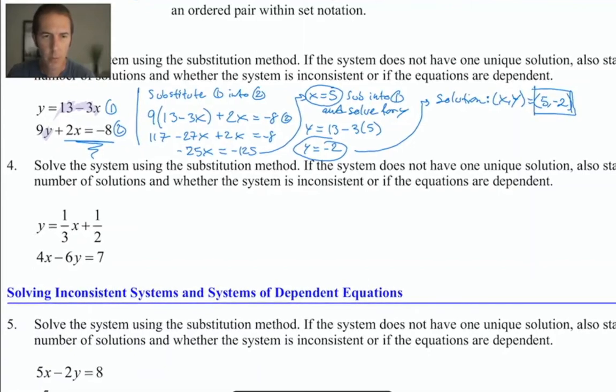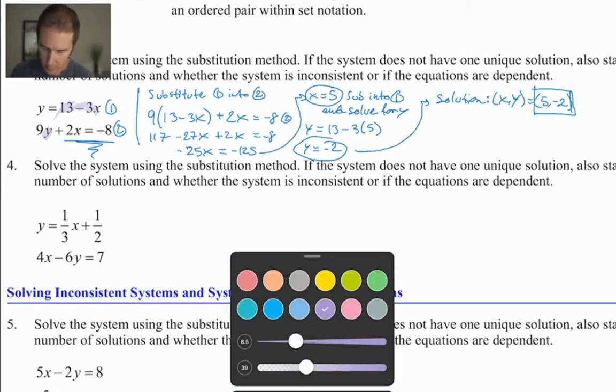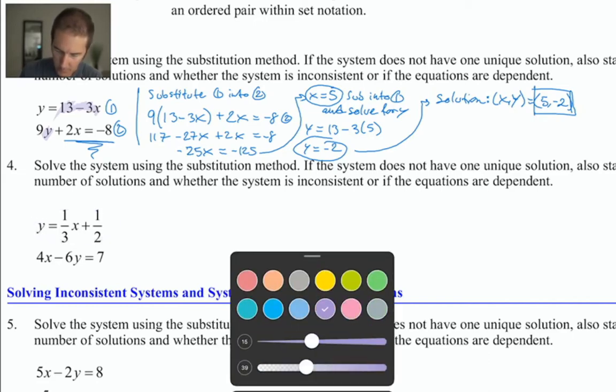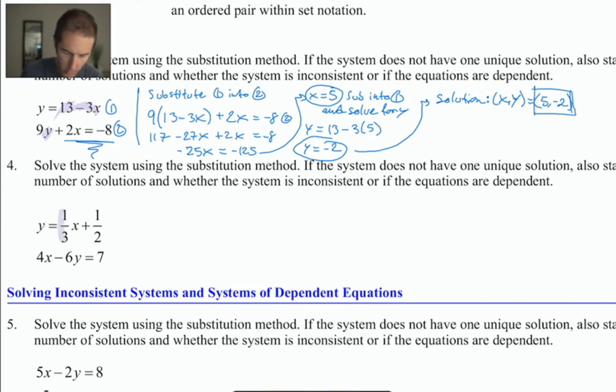In the next problem we're being asked to solve using the substitution method. You're going to go through the exact same process. Since this first equation says y equals, that's very convenient. I'm going to take all of this stuff and plug it in place of this y value.